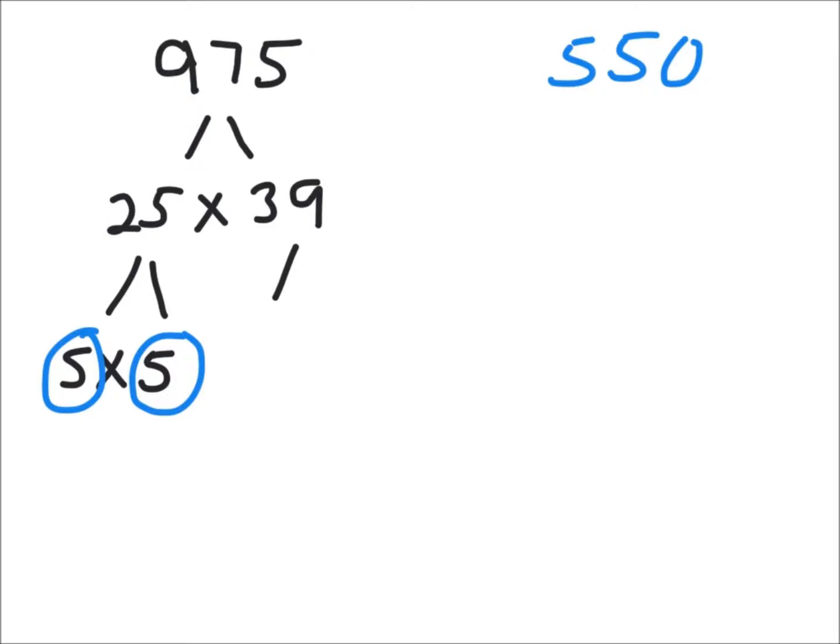Let's move on. 39, is it a prime number? It is not. It's a multiple of 3, and it's 3 times 13. Is 3 a prime number? Absolutely. Is 13 a prime number? Absolutely. We've found all the prime factors of 975.